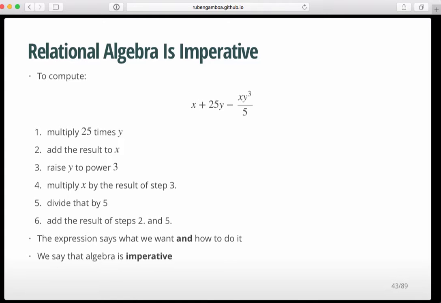And then we'll take the result from step 2, which is x plus 25y, and subtract what we just got from that. So not only are we saying what we want, we're also saying how to do it. May not be something you've thought about much, but that's what we call an imperative language. Algebra is an imperative thing because it tells you what to do and how to do it.